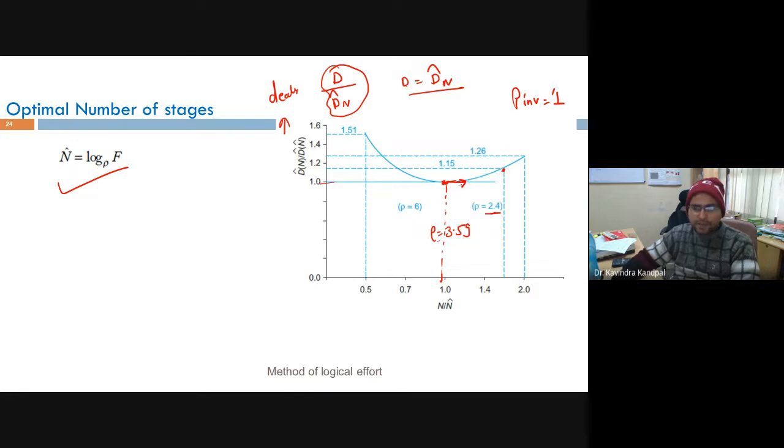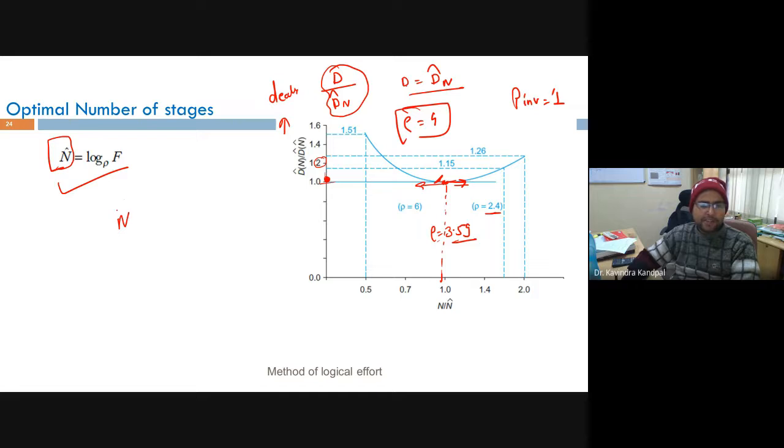Even if you go here or here, you can clearly see the delay has a variation of less than 20%, this is 1.2. So the variation is very small. Even if I take rho equal to 4 instead of 3.59, it does not give you any incorrect answers. You are still very near, because n cap cannot be a fraction.